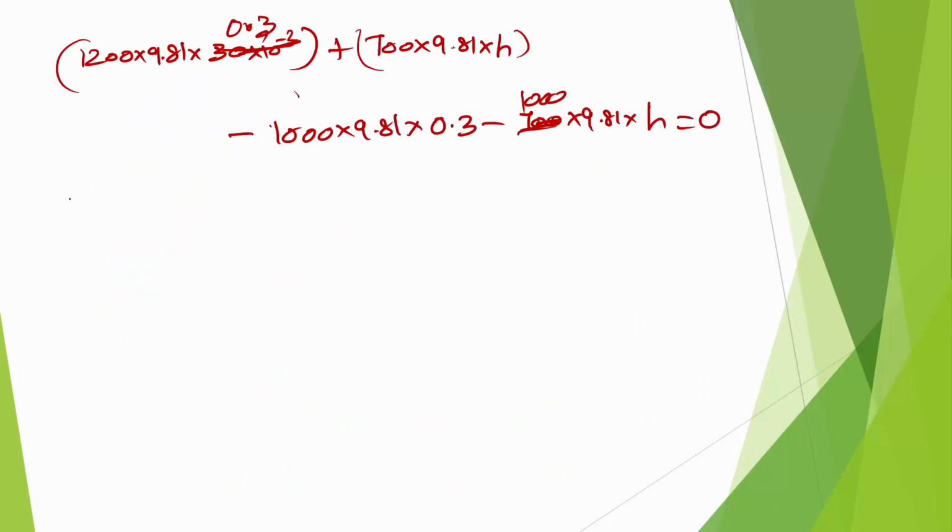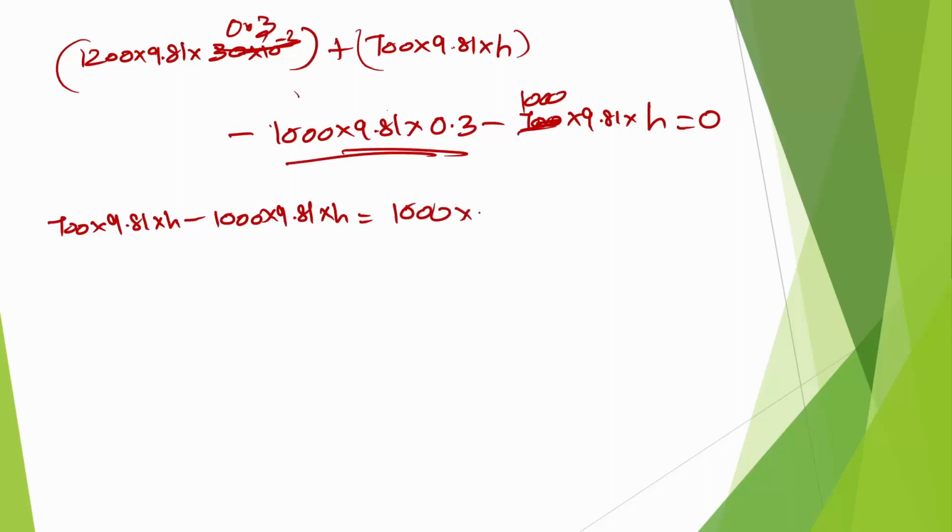So keeping h on one side and the other values on the other side, this will be 700 into 9.81 into h minus 1000 into 9.81 into h is equal to, taking this to the other side, since it is negative it goes there as positive, 1000 into 9.81 into 0.3 minus 1200 into 9.81 into 0.3.